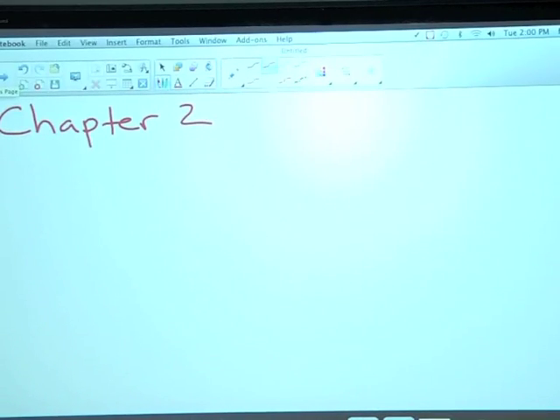So for today, on to chapter 2. So again, a bit more review of stuff. Today deals with linear equations, the equation of a line, and the equation of a line comes in various forms: general form, point slope form, slope intercept form.